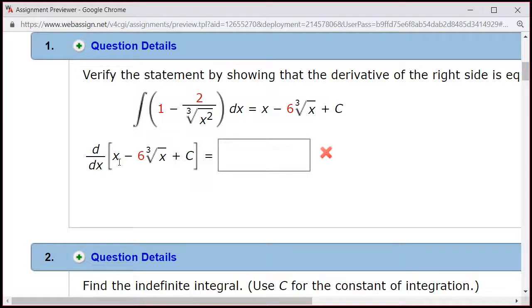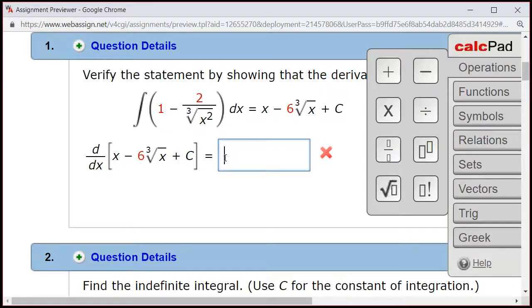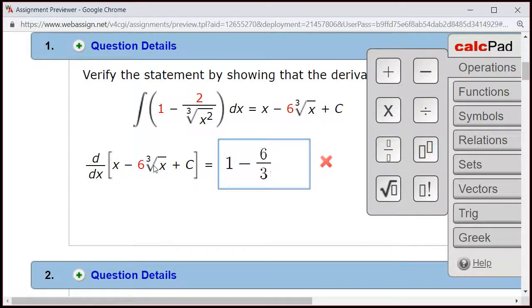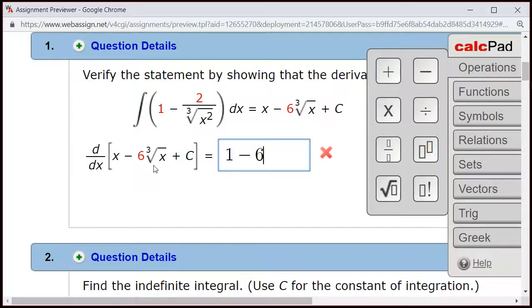So let's do that. You have 1 times x here. The derivative of x is 1, so we already know that. Negative 6 is just a number, so I'll just keep it as a constant multiple. A cube root is equivalent to the 1/3 power, right? So we do the power rule and put 1/3 in front. 6 times 1/3, I'll simplify to 2.